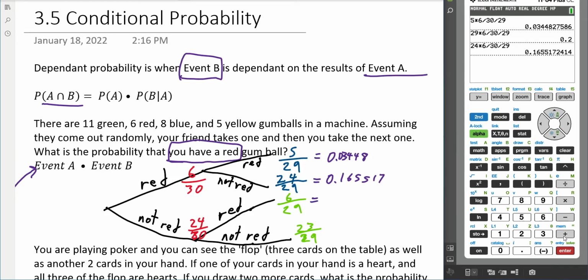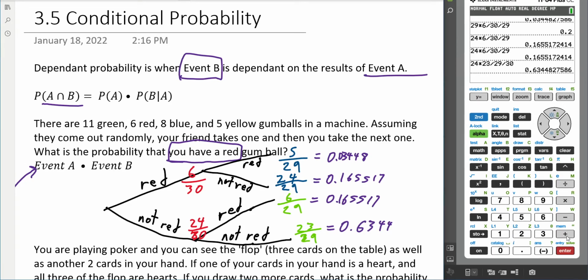So now let's try the next one. 24 times 6 divided by 30 divided by 29. And this gets 0.1655 as well. And the next one over here, 24 times 23 divided by 29 divided by 30.